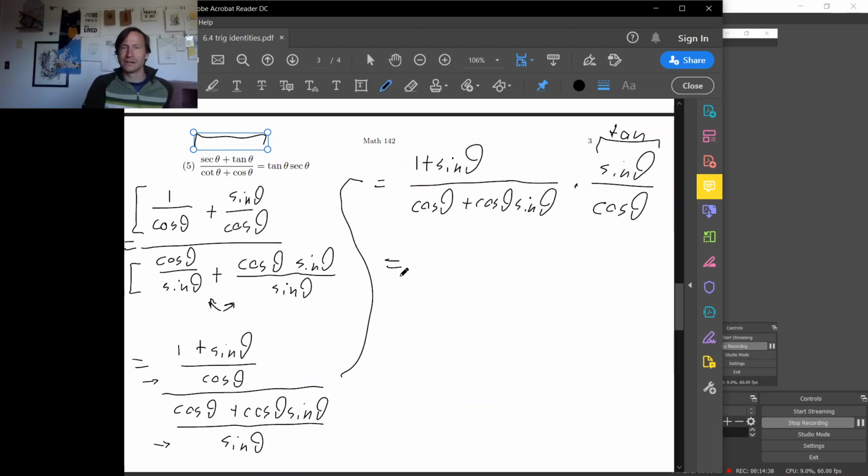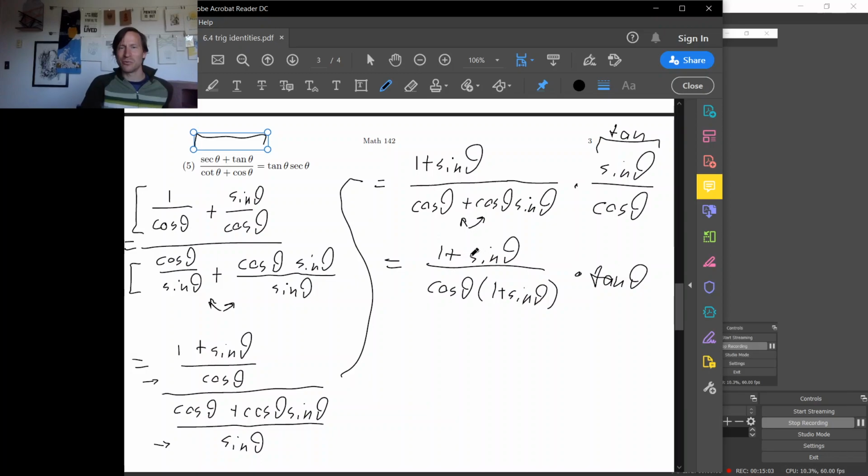So let's see. Both terms here have a cosine, so let's factor that out in our denominator. The numerator is going to stay the same, 1 plus sine theta, over cosine theta times 1 plus sine theta. And then this piece on the right, this is just tangent theta.